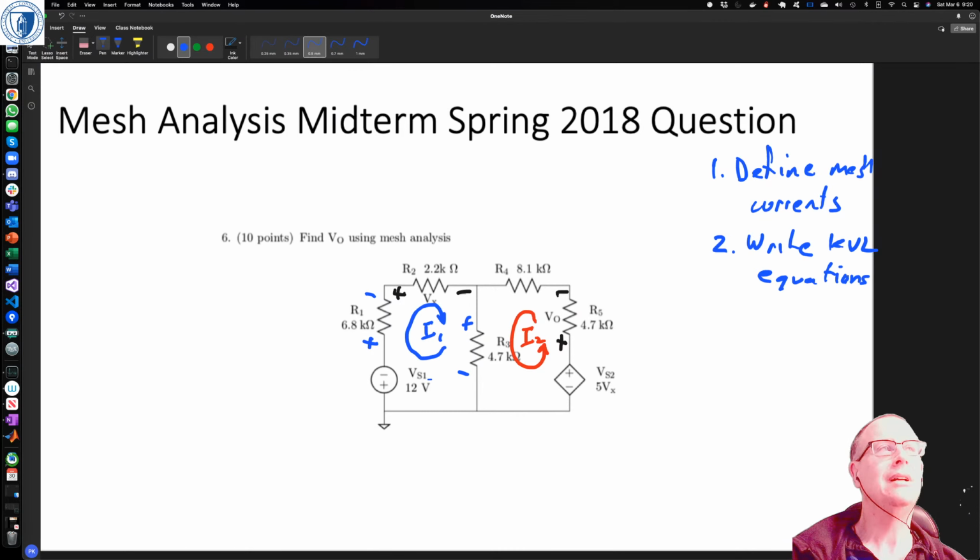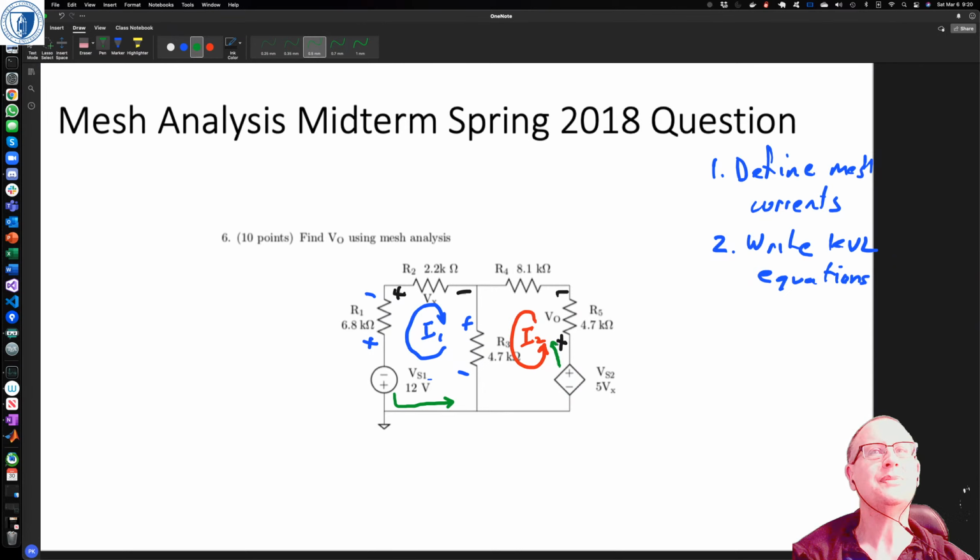Even that's a little confusing. We know that from the positive, the current flows that way, and from the positive, the current flows that way.